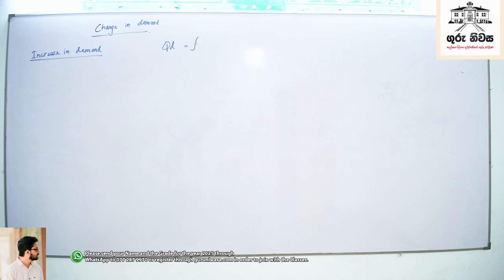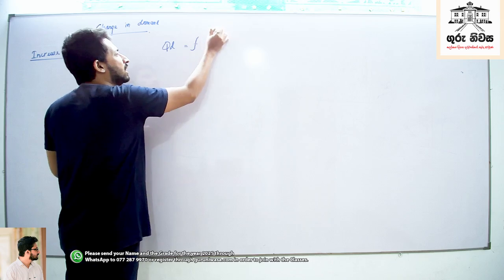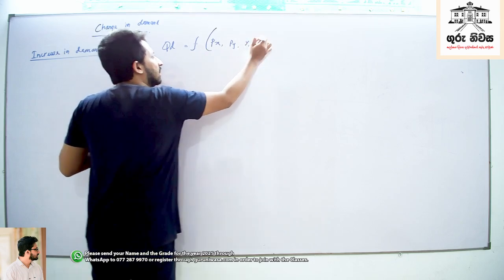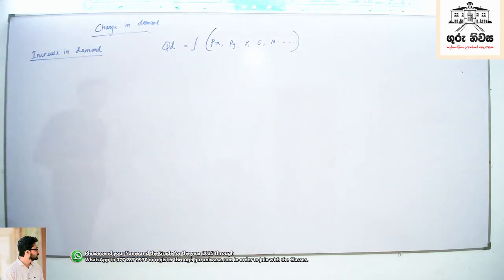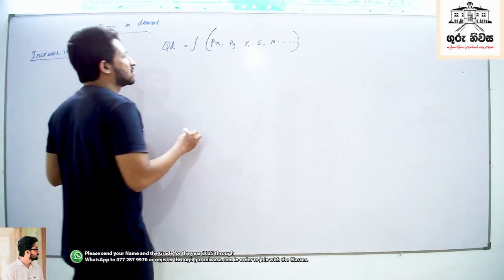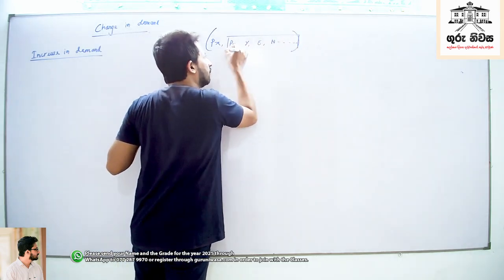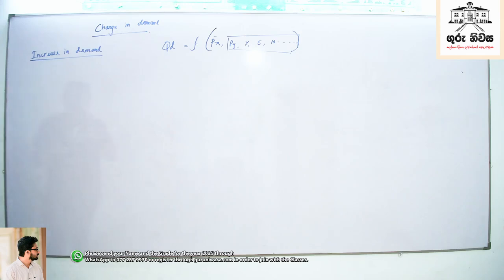Mathematical relationship between quantity demanded and the determinants of demand. Very good. The demand function shows the mathematical relationship between quantity demanded and determinants of demand: Px, Py, Y, E, number of consumers, like that. Here, change in demand is caused by change in other factors. Other factors mean all factors except the price of the product. Price of the product doesn't change, right?